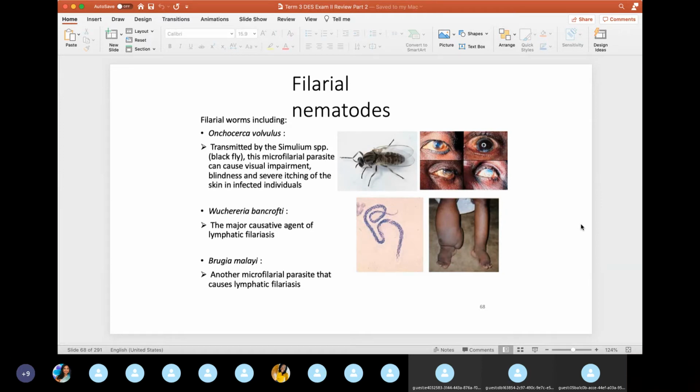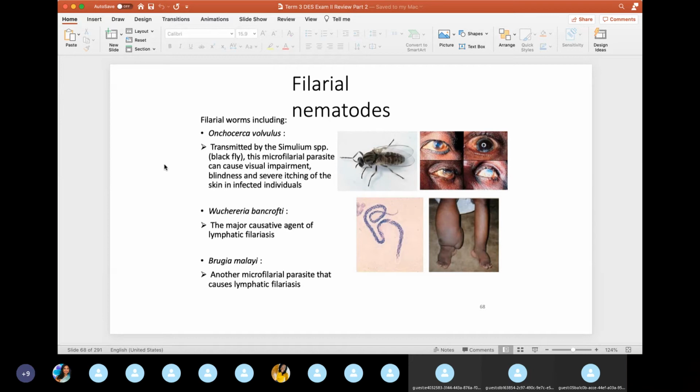So pay attention to the adult form and the egg form, okay? The imaging is there to help you, all right? So please make sure you know the images. That's very important for this exam.